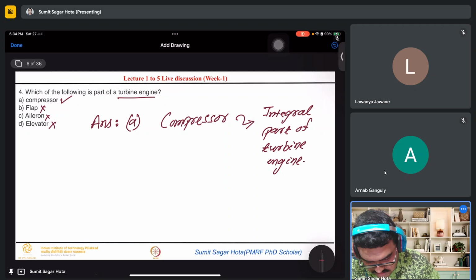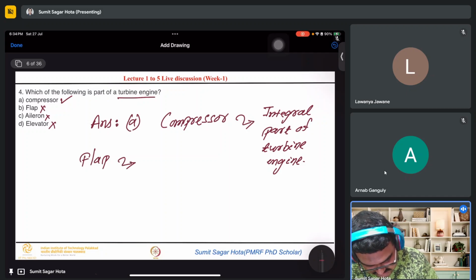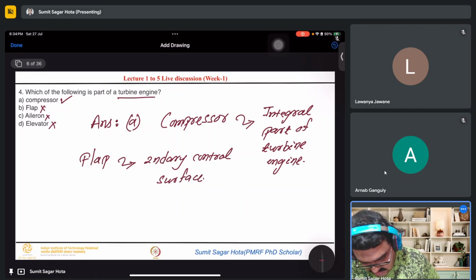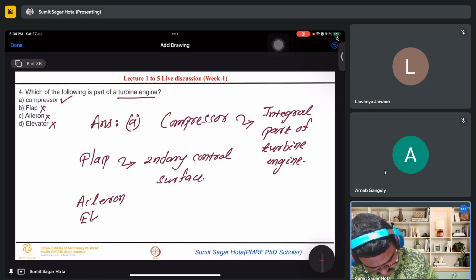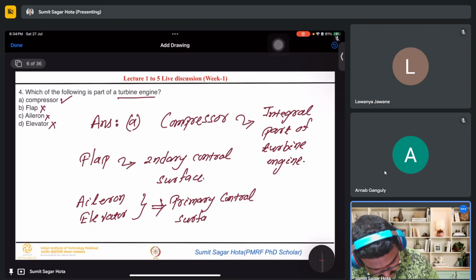So what is a flap? A flap is a secondary control surface, and the aileron and elevator are the primary control surfaces.